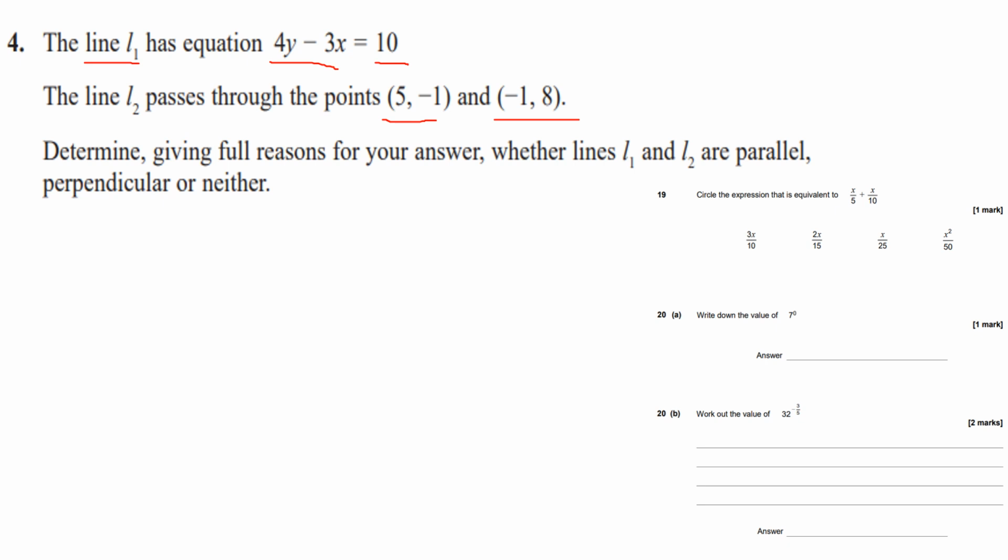Well, first of all, the equation of L1 has to be in the form y is equal to mx plus c, where m is your gradient and c is your y-intercept.